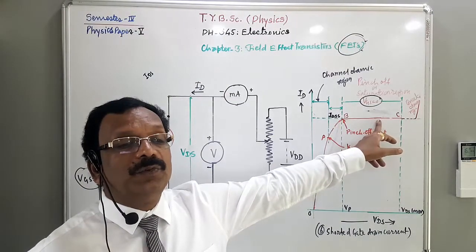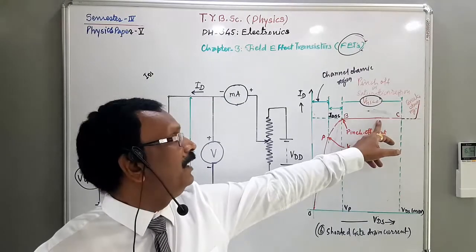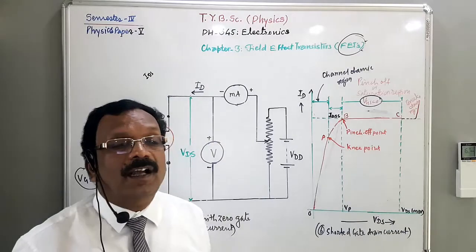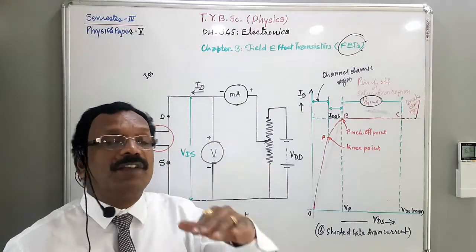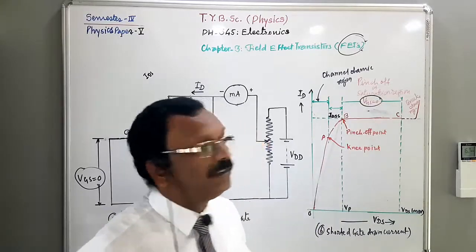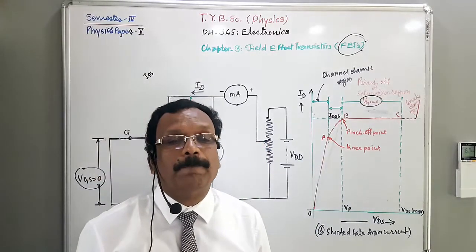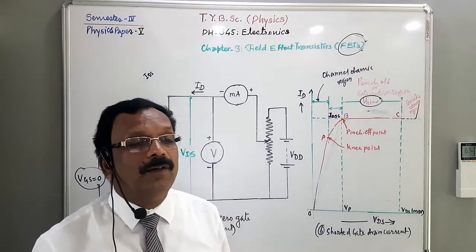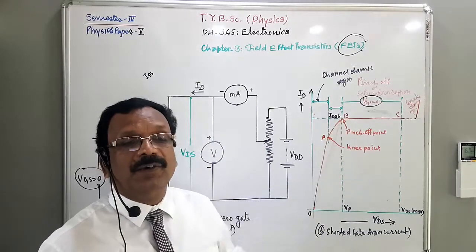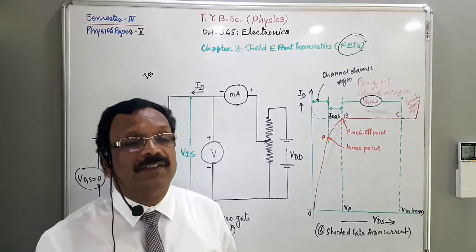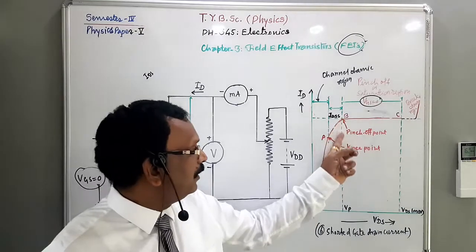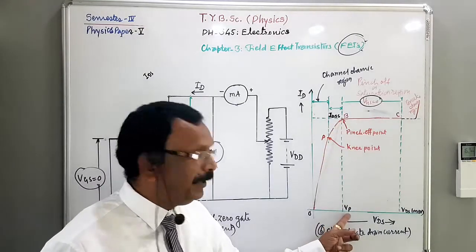The drain source voltage above which drain current becomes constant is known as the pinch off voltage, and that is denoted by VP.